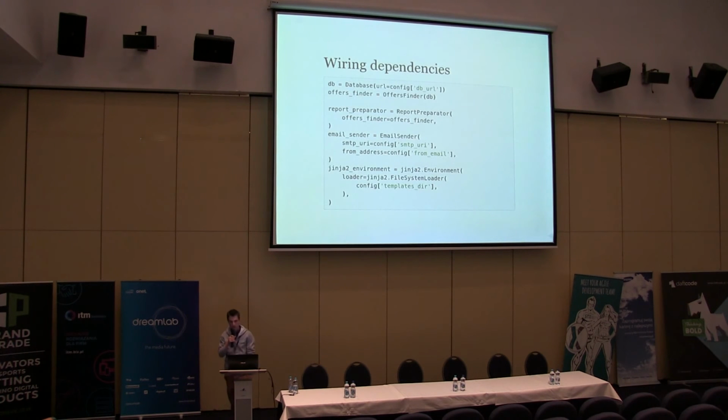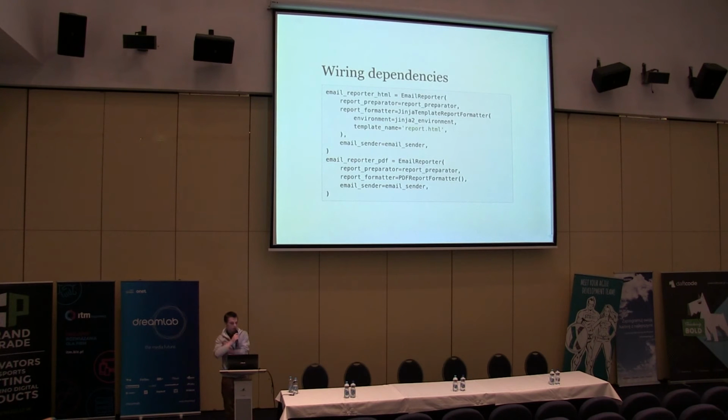And here's an example of dependencies with dependencies. So the report preparator needs an offers finder, which needs a database connection. So we simply create an instance of each dependency and we pass them where they are needed. And here we pass the report preparator from the previous slide to the email reporter.